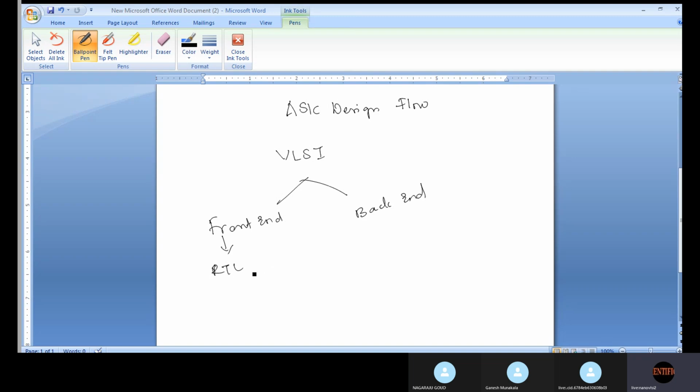That means designing any circuit, you will use Verilog or VHDL and write the code for the circuit. Suppose you have to design a simple adder. First, you need to write the RTL code for the adder. After writing the RTL code, you need to simulate. After simulation, you need to do the synthesis. After synthesis, you will get the gate level netlist. Then you will do the timing analysis, and the next one is power analysis.